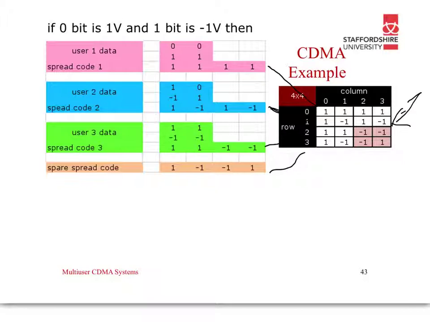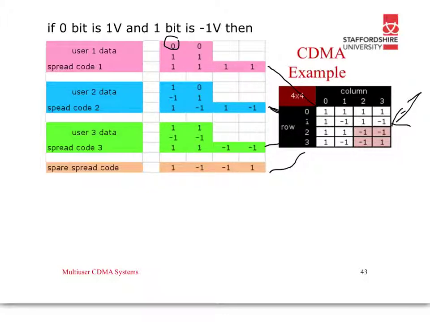So if my input data is 0, 0, we've said here that a 0 bit is represented by 1 volt. So here I've put the first bit is 1 volt, the second bit of user data is 0, and again that is represented by 1 volt. Here's our spread code.